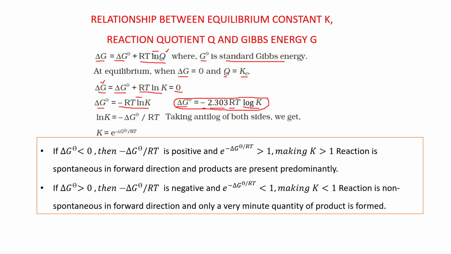Okay. Now, if we rearrange this relationship, then we can write ln K is equal to minus delta G standard divided by RT.